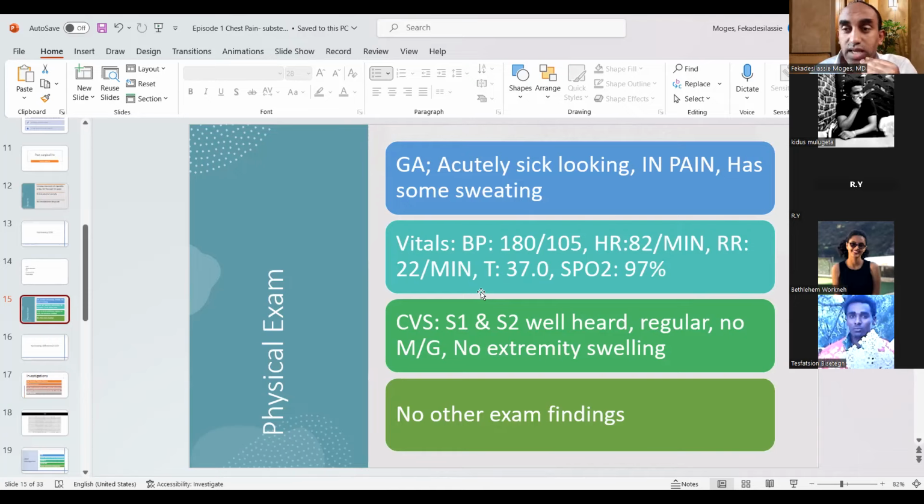Good air entry, comparable bilaterally, and resonant all over the chest. Tactile fremitus is normal. In summary, there is no respiratory finding.